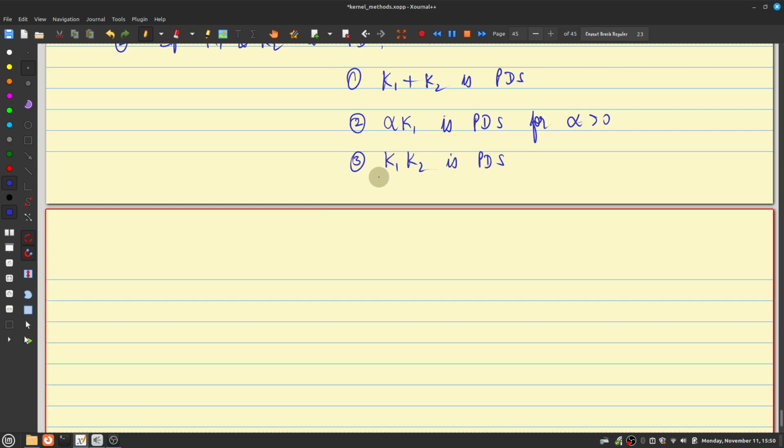So let's suppose that K of x, x prime is K1 of x, x prime times K2 of x, x prime. So what is the gram matrix corresponding to K in terms of the gram matrices corresponding to K1 and K2?